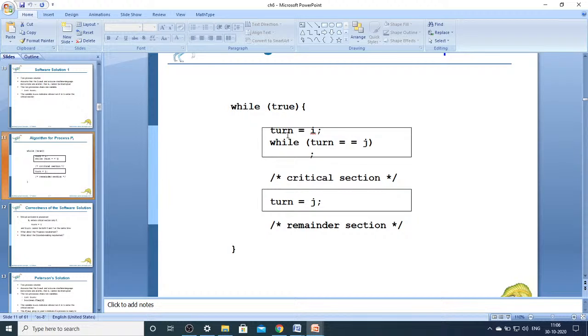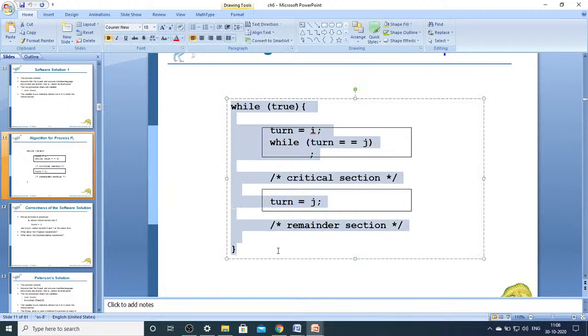Turn will be set to the process that wishes to execute the critical section, and flag indicates whether that particular process is interested in entering the critical section. That's a boolean variable. Using these two variables, the structure of Pi and Pj will be defined, and you can write the structure of only one single process, that is Pi.